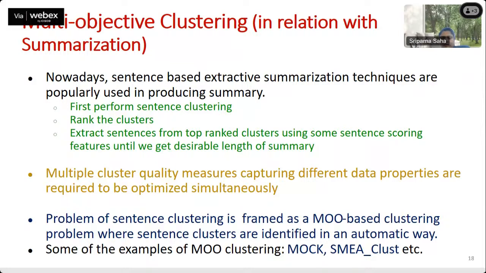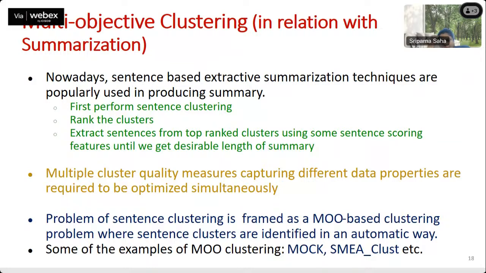First, we are performing sentence clustering. Then we are ranking the clusters. Then we are extracting some good sentences from each cluster, and that way we are forming the summary. When we are clustering the sentences, we are simultaneously optimizing multiple objective functions.